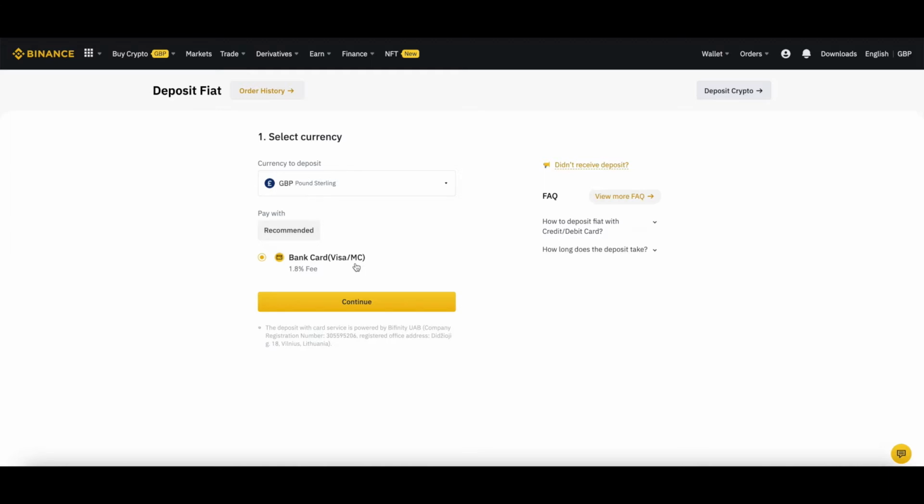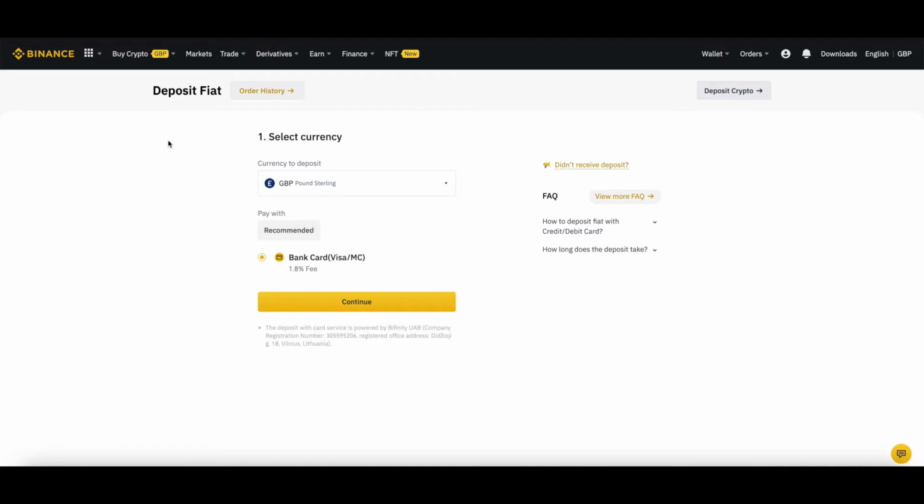Once you've got money in your wallet, then transferring it between your wallets is relatively cheap. If you're doing it on the Tron platform, for example, then you'll only be paying $1 per transfer, no matter how much you're sending. If you're doing it on Ethereum, it may be ridiculous fees because Ethereum fees are very high at the moment, but that is something that they're trying to work on and bring down.